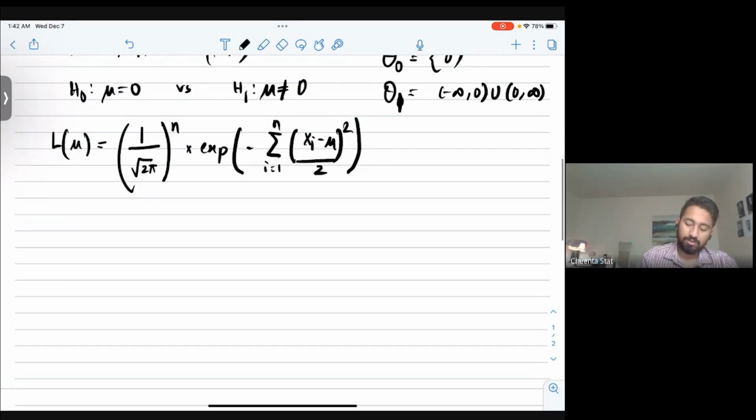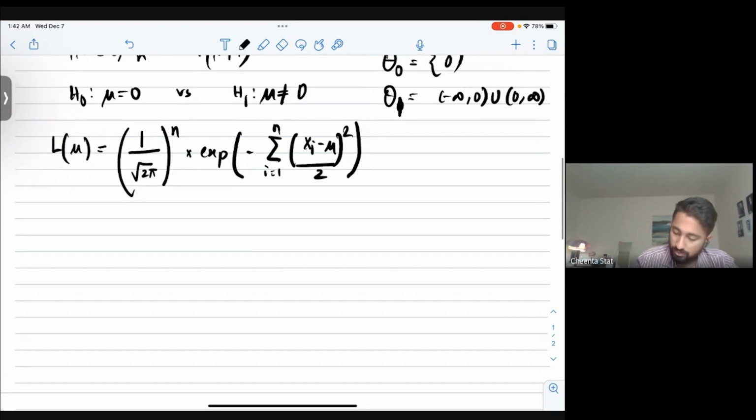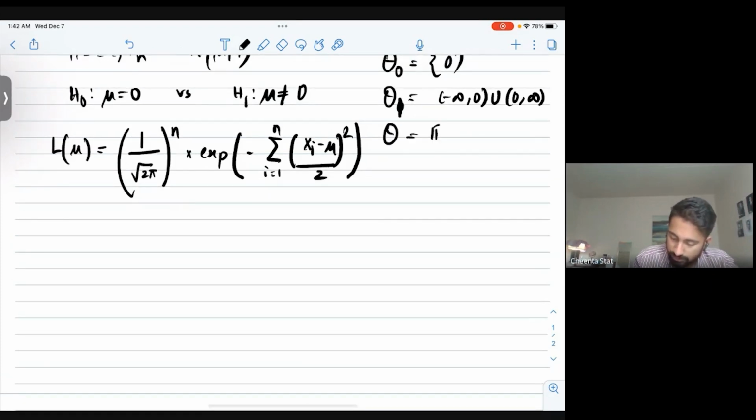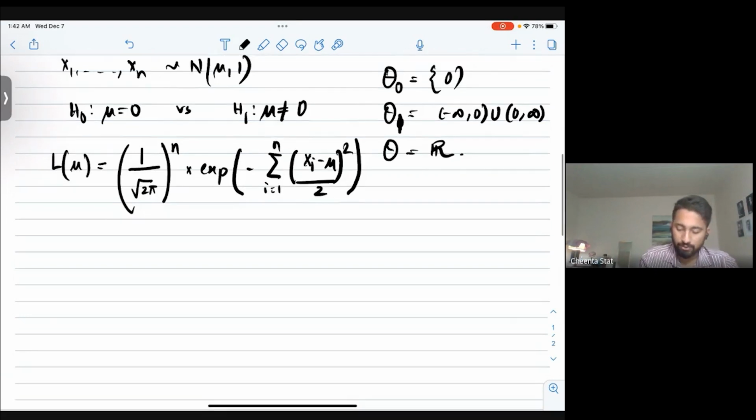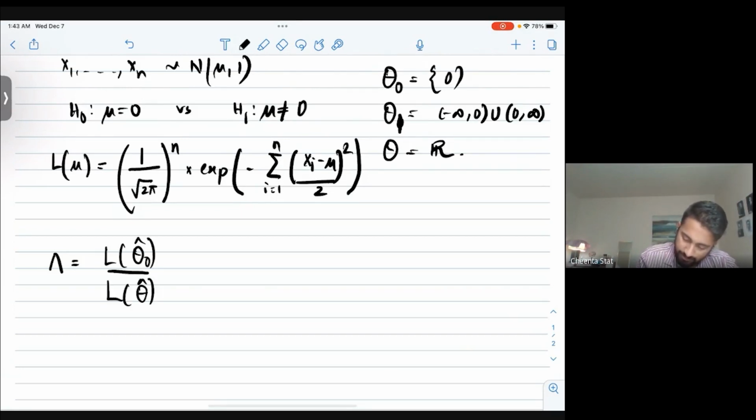Also this is nothing but the whole real number line, the whole space. Therefore, this quantity is L of theta naught hat by L of theta hat, which is the maximum over theta. Since there's only one quantity, the maximum will happen at that quantity only.